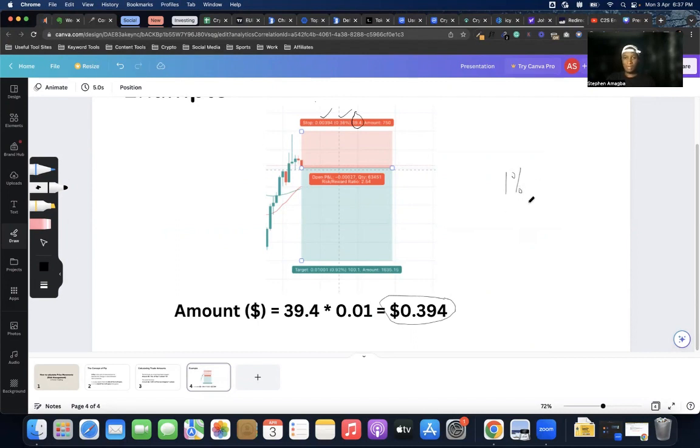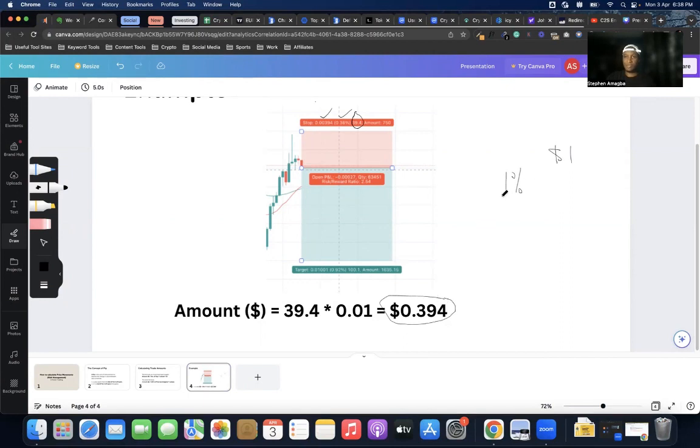Let's say 1% of the account is $1. It means in this particular trade, this particular sample I have here, you are going to be risking right around 40 cents. That's 0.394 for this particular trade.